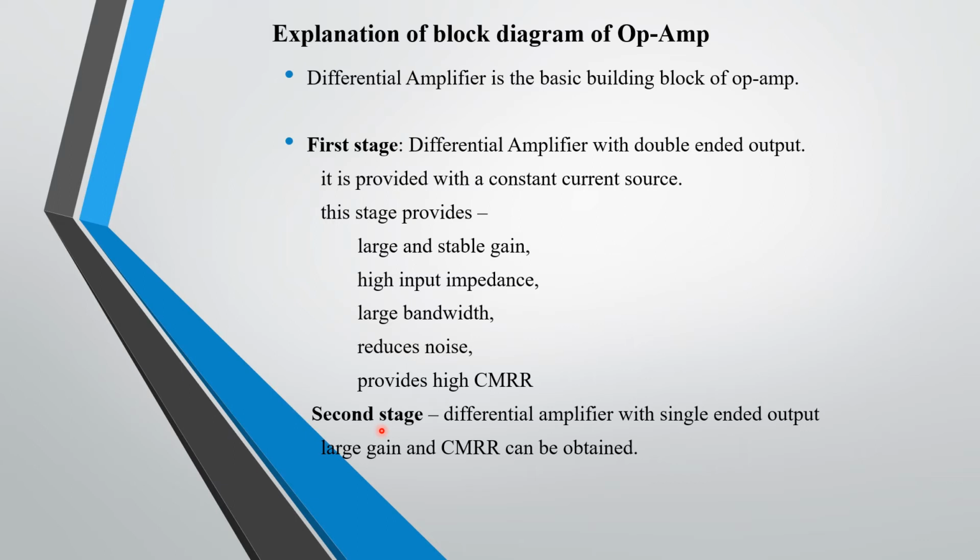The second differential amplifier is nothing but the second stage of block diagram of operational amplifier. The output of second differential amplifier is taken as single-ended output, that is in between collector of any one transistor and the ground potential. Due to 2 stages, large gain and CMRR can be obtained.